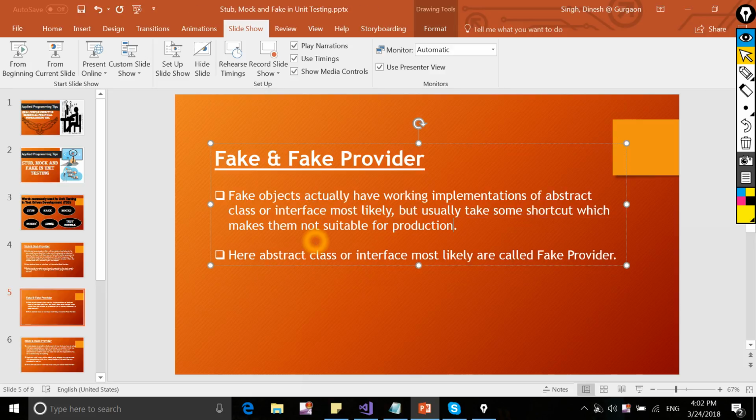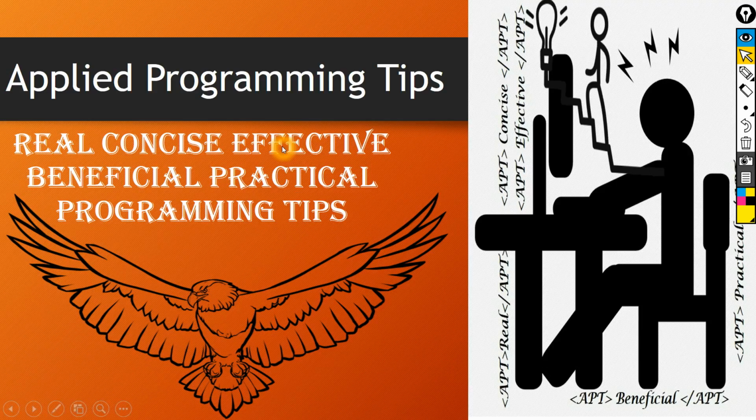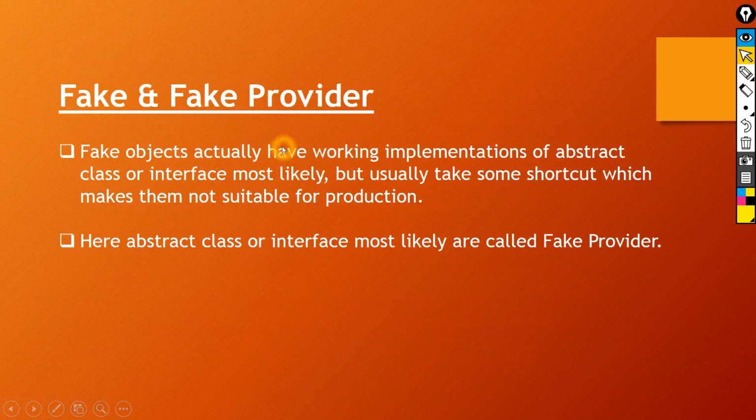Okay, now this is fine. So fake object, as written in this slide, actually has a working implementation of an abstract class or interface most likely, but usually takes some shortcut which makes them not suitable for production. So let's go back to Visual Studio and let me show you what is fake and fake provider.